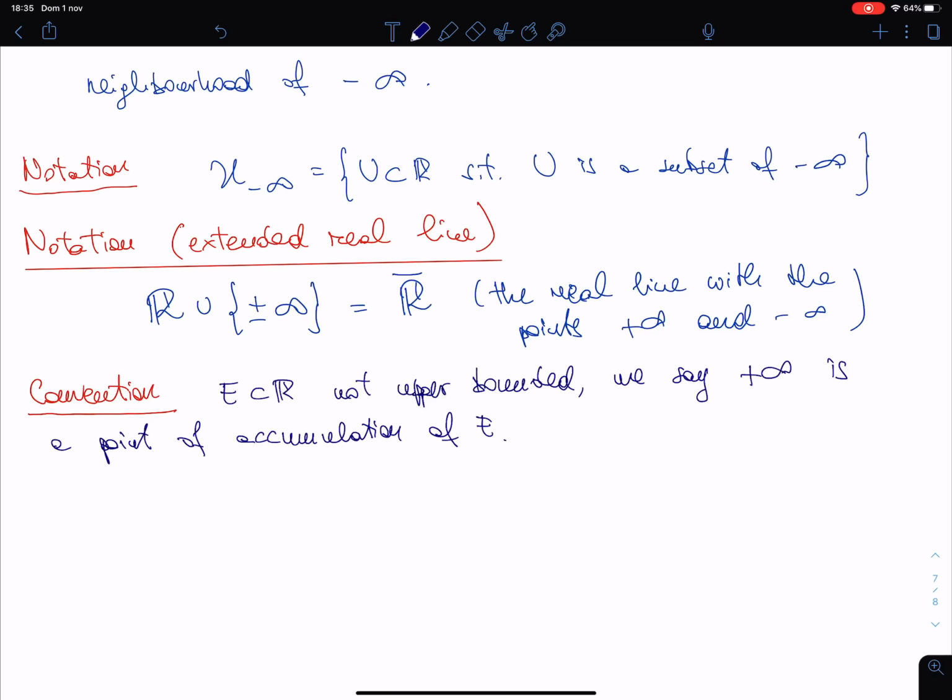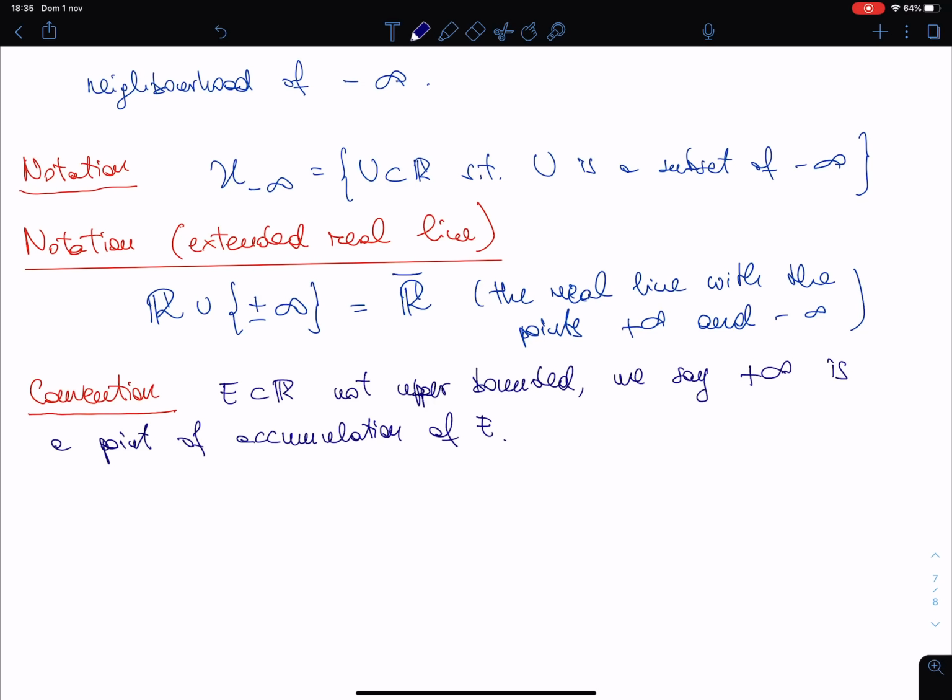Notice that this is not inside our previous definition of point of accumulation, because we're starting from the fact that points of accumulation must belong to R. In this case, plus infinity is not in R. But exactly like we did when defining the supremum of a set as plus infinity if such a set is not upper bounded, it is exactly the same thing.